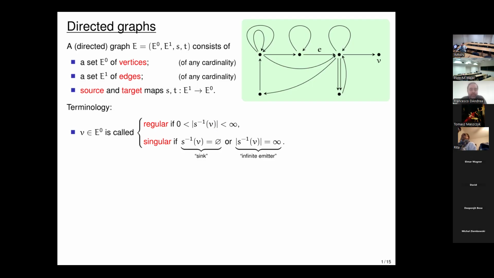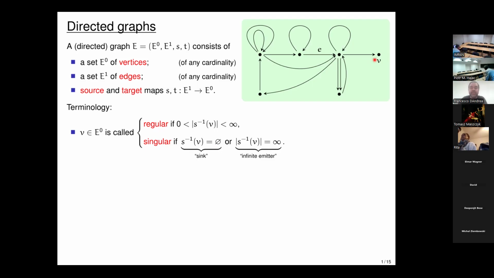If it is not regular, we call it singular, and what can happen for a singular vertex is that either the set of edges emitted from v is empty, and then we call it a sink. So in this picture, this vertex denoted by v is a sink, it emits no edges. I think you don't see my laser pointer for some reason, or there is a huge delay.